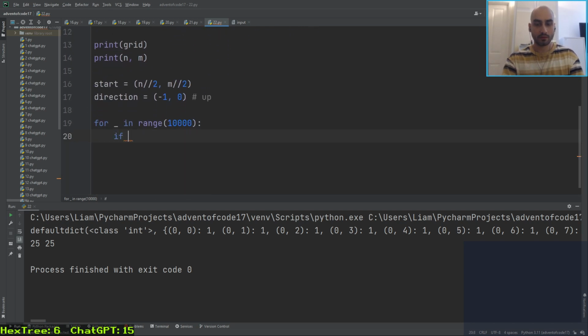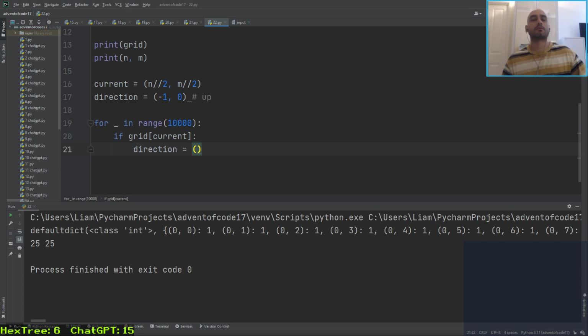If grid, let's not call this start, call it current. Grid current, direction equals, all right, how do you turn to the right?